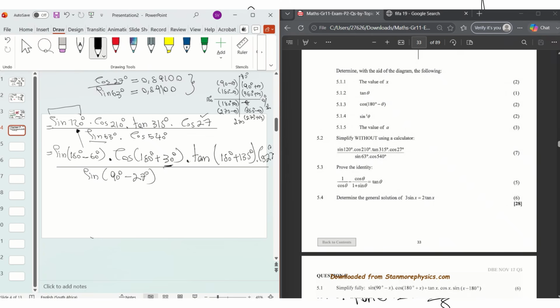Remember again, 90 minus 27 gives me the 63 that is there. Okay, times cos. And if you have any angle greater than 360, guys, remember to subtract 360 from that angle. So we have 540 minus 360, so we have 360 degrees plus 180 degrees.